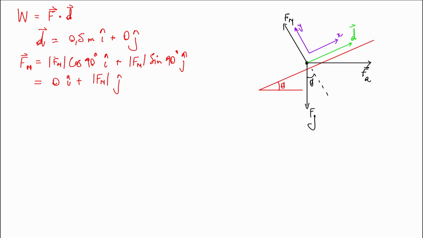The reason we have 0 i hat is because cosine of 90 is 0. And over here, sine of 90 equals 1, which means the component is just the magnitude of Fn, whatever the value of that is. This is just going to be a positive number. So this is what the normal force is going to look like.